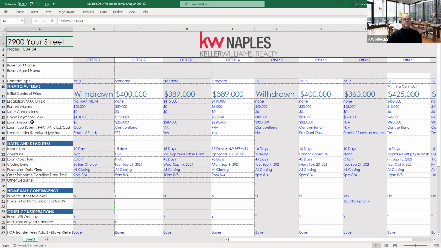What's the loan amount? Or if it's cash, what's the loan type? Do we receive a lender letter with either proof of funds or a pre-approval letter? What's the inspection criteria? Is there an appraisal contingency?